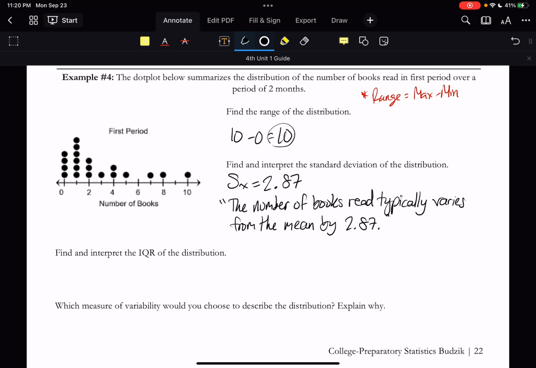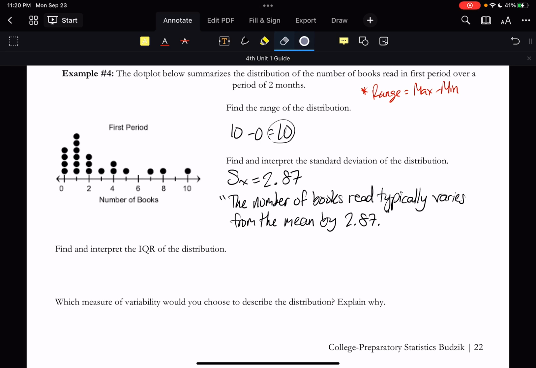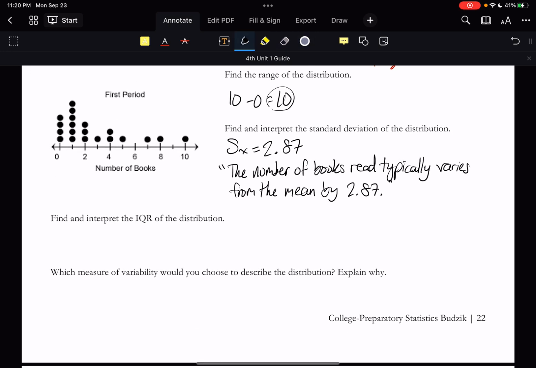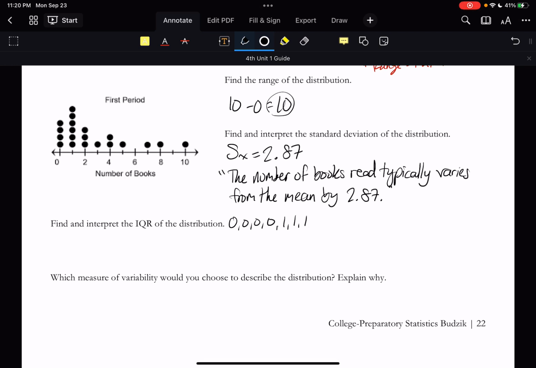Okay. All right, now I want to find and interpret the IQR of the distribution. So if I want to go ahead and write all of this, data points out first. So I had 4 zeros, 6 1s, 3 2s, a 3, 2 4s, a 5, a 7, 8, 10.